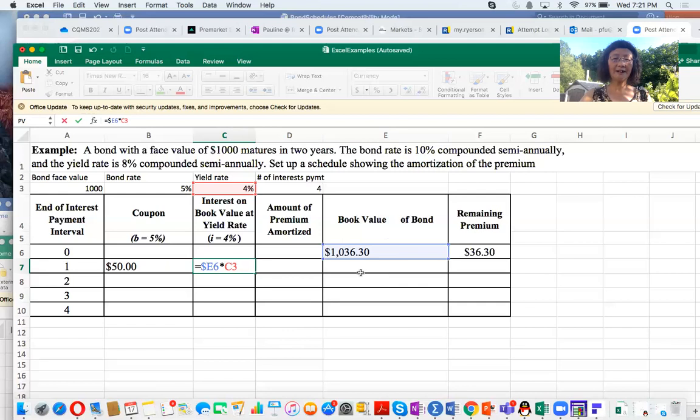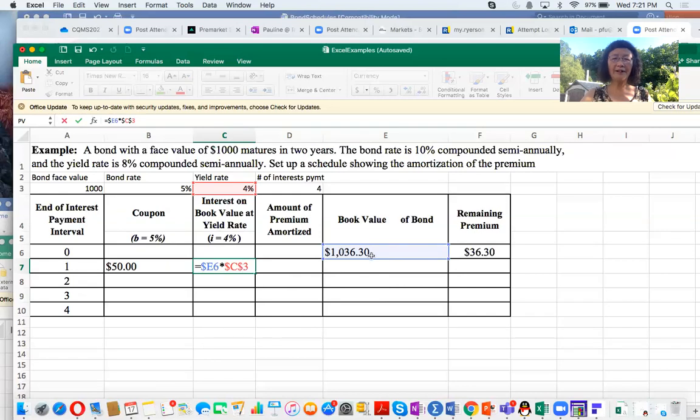Row 6 later on will become row 7, row 7 becomes row 8, etc. Similarly, this yield rate would be fixed. So I'm going to use absolute cell reference $C$3. So that is the interest on book value.